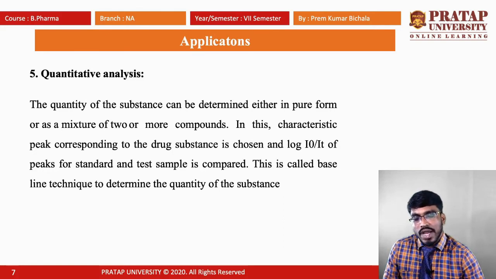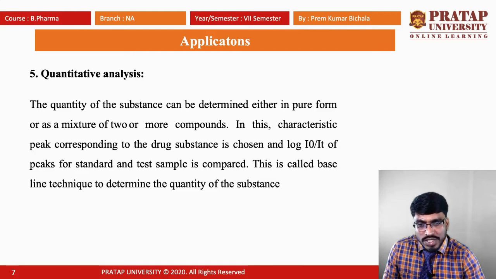So this log I0 by IT relates to the absorbance or thickness of the compound. So I0 by IT of peaks for the standard and test sample is compared. This is called the baseline technique to determine the quantity of the substance.